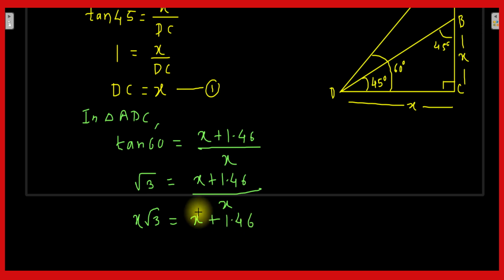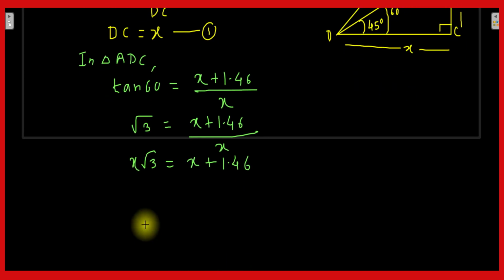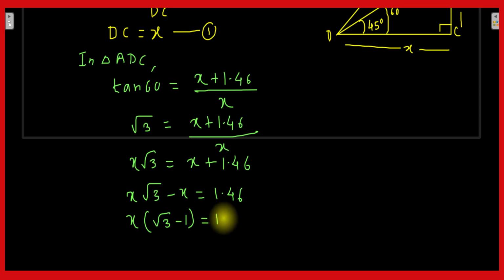Now take this x to the other side, and it will be x root 3 minus x is equal to 1.46. Now take out x as a common factor, so it will be x inside the bracket root 3 minus 1, which is equal to 1.46.